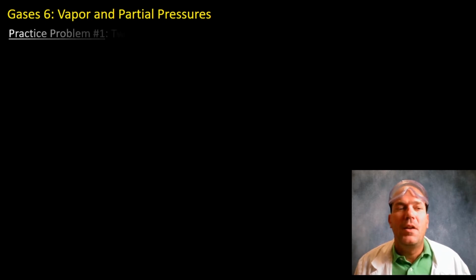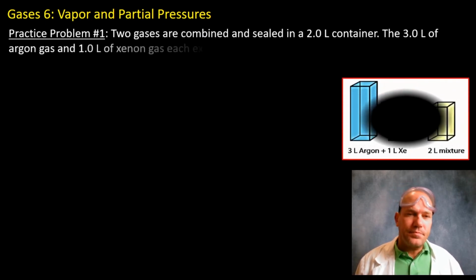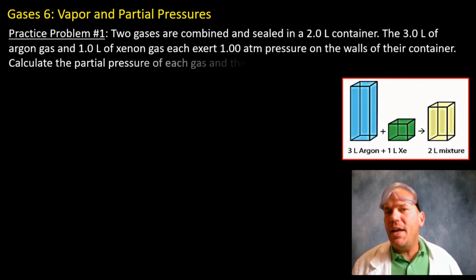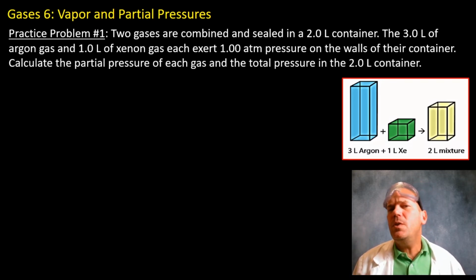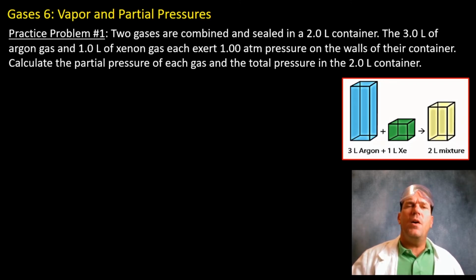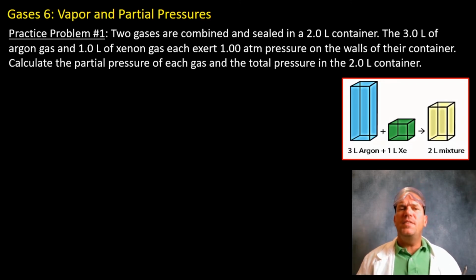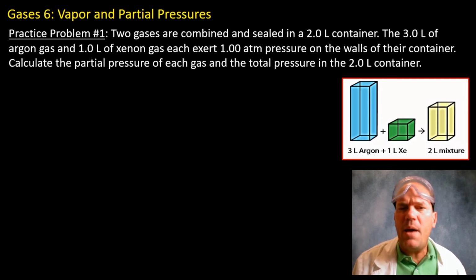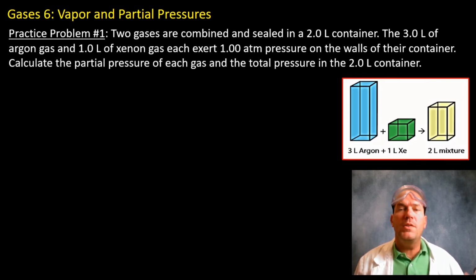Now, let's do a practice problem. Two gases are combined and sealed in a 2-liter container. The 3 liters of argon and the 1 liter of xenon each exert 1 atmosphere of pressure on the walls of their individual containers.